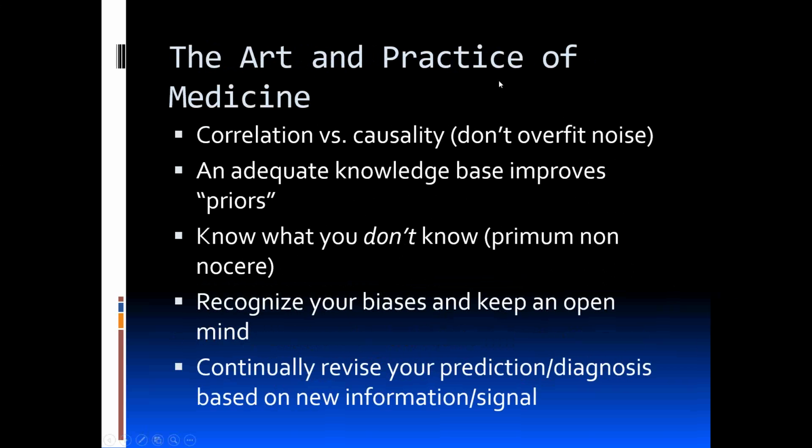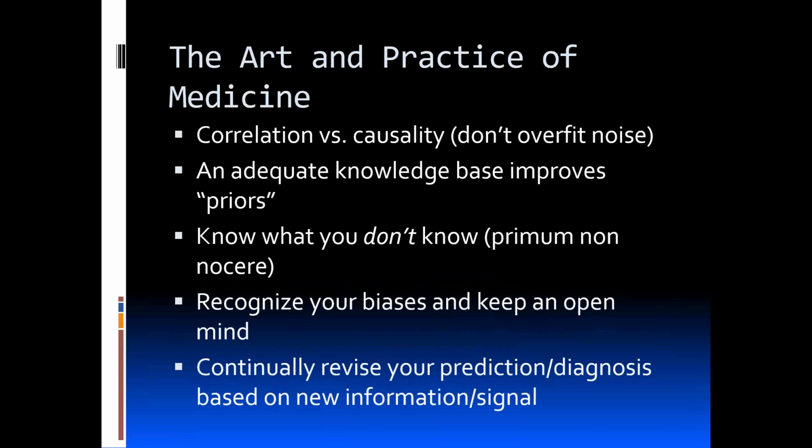Now, a little bit about the art and practice of medicine, and so this would be concerning ourselves as individual physicians, is that we don't want to overfit noise. We don't want to concern ourselves with the noise, or at least we need to be able to recognize the noise so that we don't confuse correlation with causality. One of the reasons that you start medical school and you start to learn the basic sciences is that you have to have an adequate knowledge base.